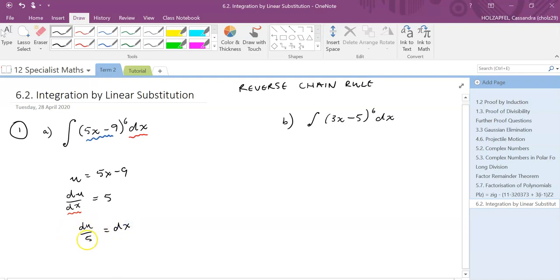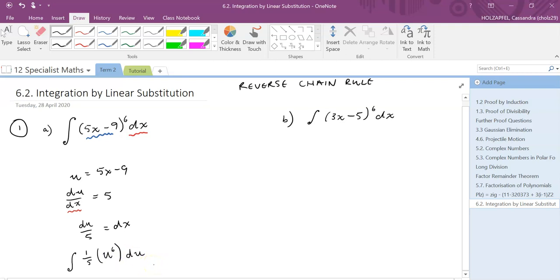I could also write this as 1/5 du. Now I can substitute that in there, and I can also substitute in u here. So this becomes the integral of 1/5 du of u to the power of 6, because with the 1/5 we've just separated it out from the du.